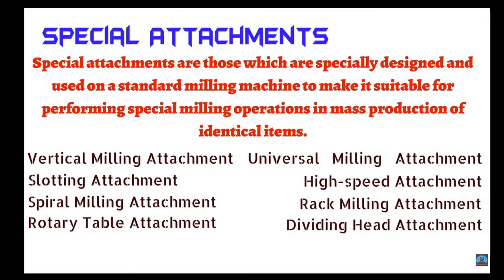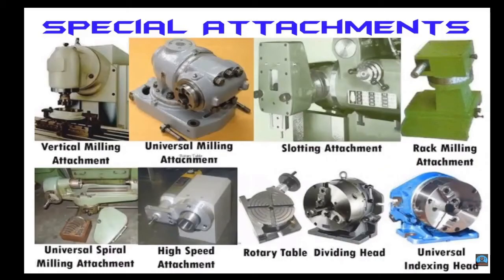Some of the special attachments are vertical milling attachment, universal milling attachment, slotting attachment, rack milling attachment, universal spiral milling attachment, high speed attachment, rotary table, dividing head, universal indexing head, etc. We shall discuss each of them one by one.